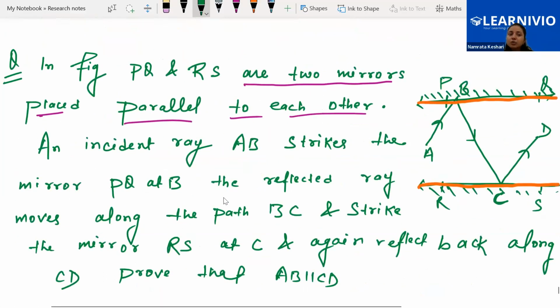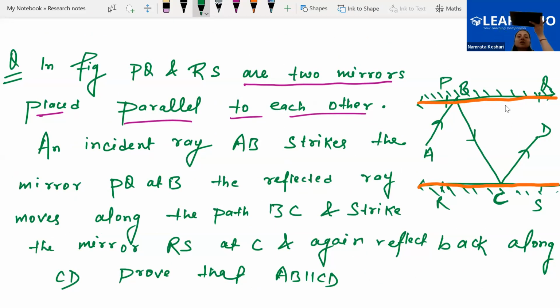Why does the mirror look like that? Because we are just showing the figure of the mirror. PQ, a line we are taking to represent the mirror, but maybe the mirror looks like this only. Upward, downward, two mirrors are there, both parallel with each other.